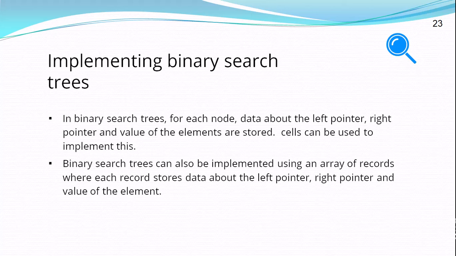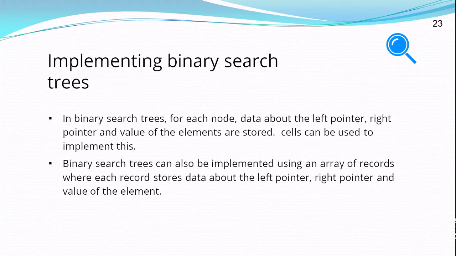In binary search trees, for each node, data about the left pointer and the right pointer and the value of the elements are stored. And cells, or actually what I might call nodes, which is a way of thinking about a little data structure, can be used to implement this.